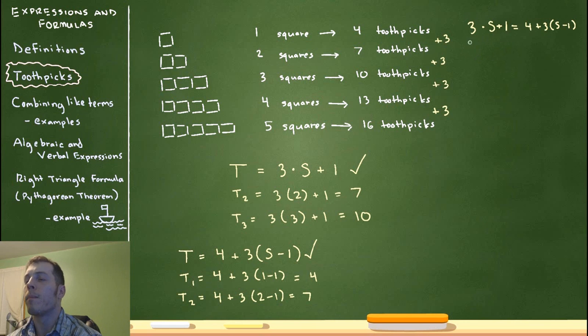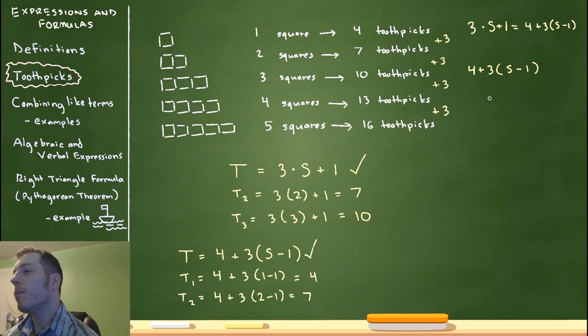So let's see. Over here on the left side, I can't simplify this. So let me work with this expression here. 4 plus 3 times s minus 1. Let's try to simplify this statement, and let's see if it actually equals 3 times s plus 1.